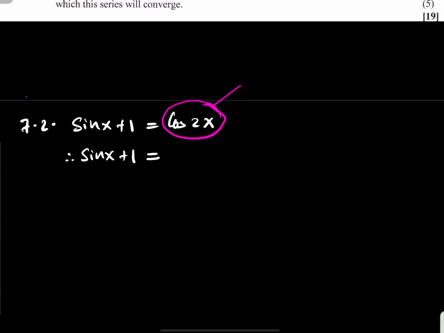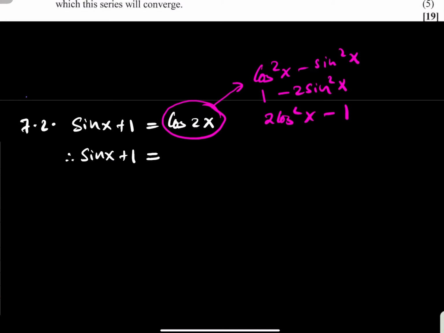The first branch is cos squared of x minus sine squared of x. The second branch is 1 minus 2 sine squared of x. And the last one, finally, is twice cos squared of x minus 1. Or if you don't know them, you can go at the back of your paper. You're going to really find that one.